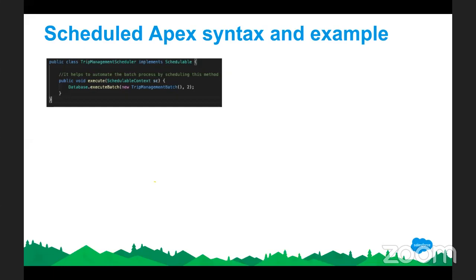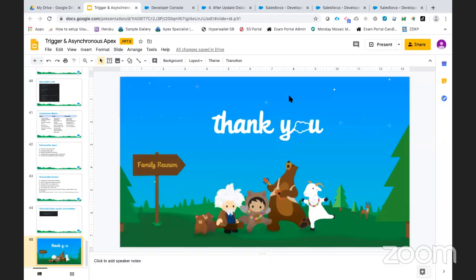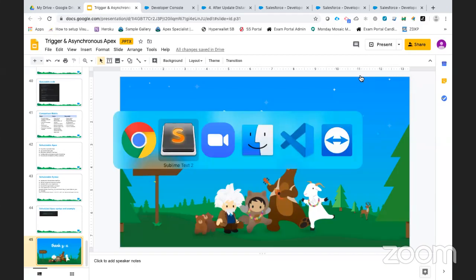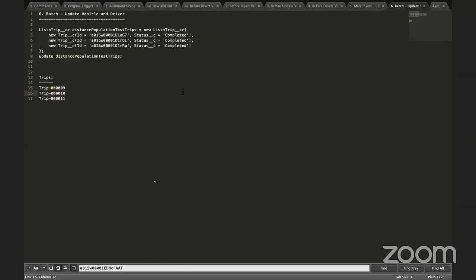I'm sure I went a bit fast. Anyway, I want to show one example regarding the batch process. Let me see how easy it is going to be. If I call this from a scheduler, a batch job will be executed.